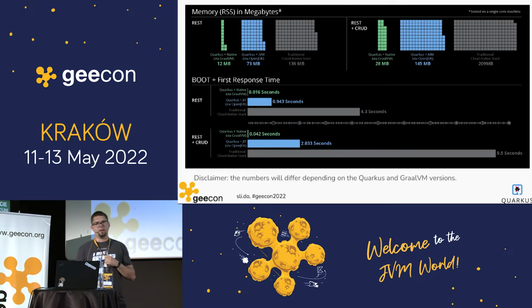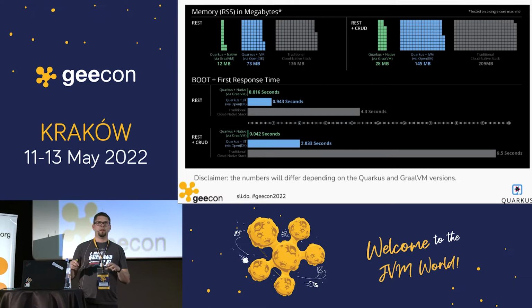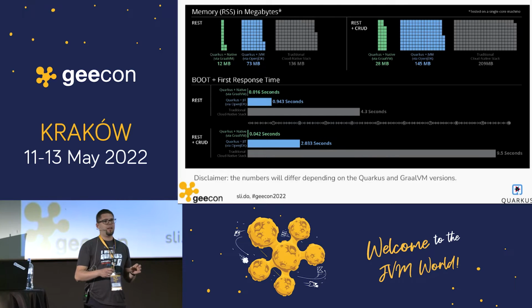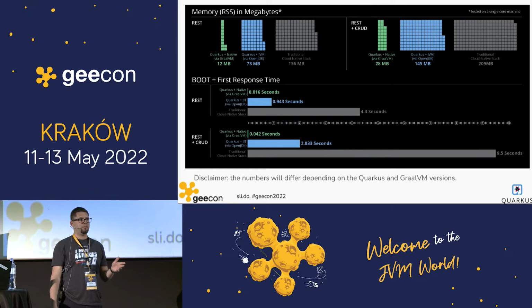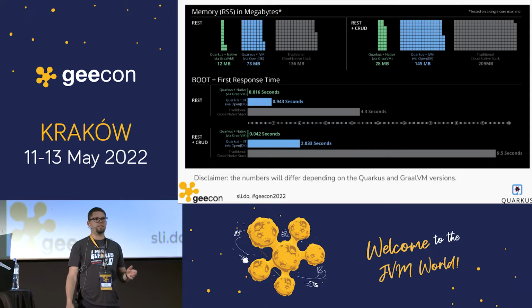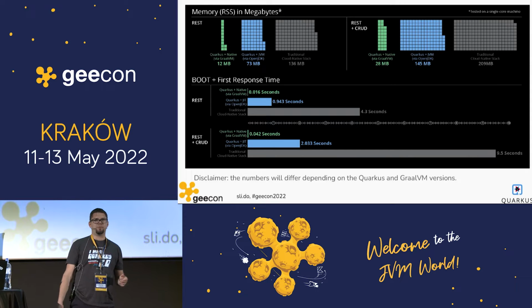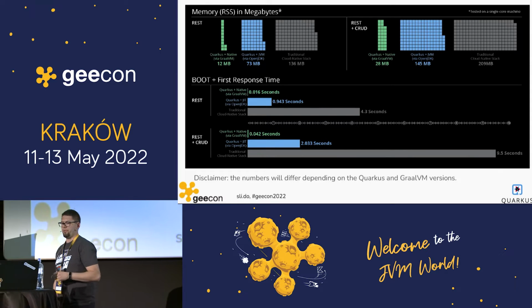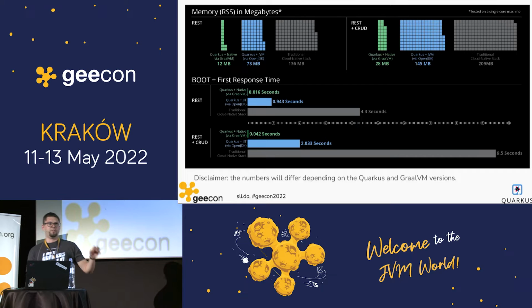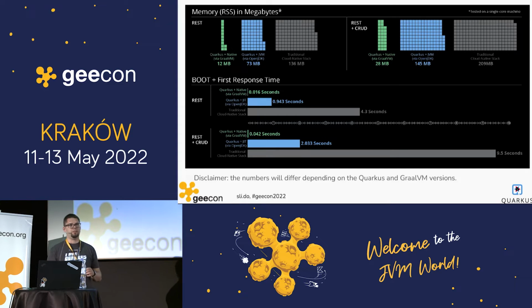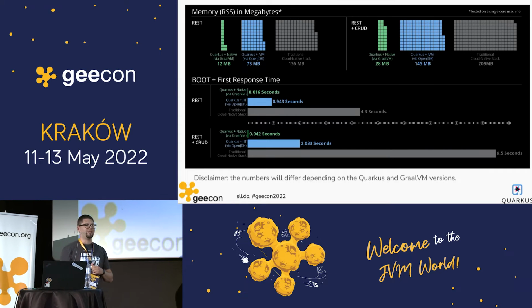But with Quarkus applications, if you stick to Quarkus extensions, you can compile every application to a native binary, and then you get application startups in tens of milliseconds, and your application will use tens of megabytes of memory. And this is after serving some requests, not before. We don't cheat on lazy init here.